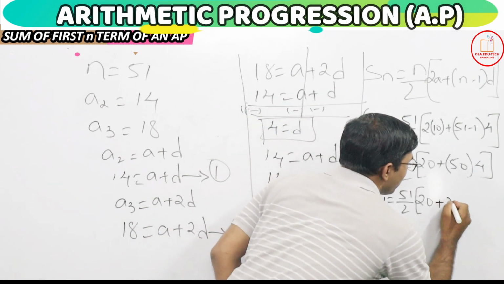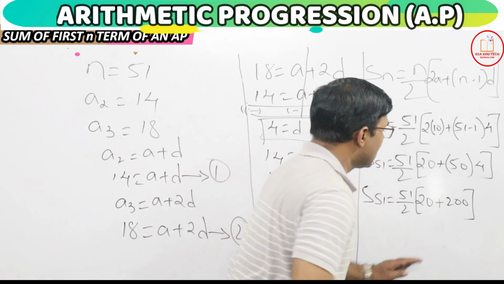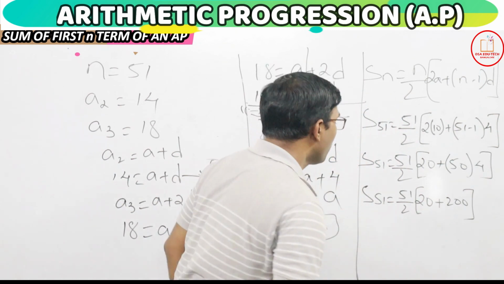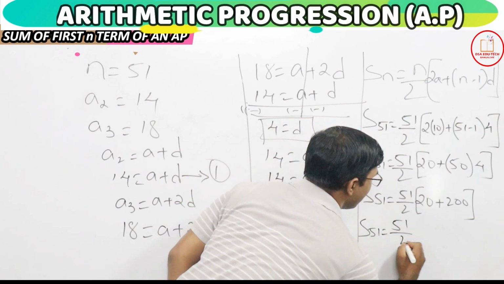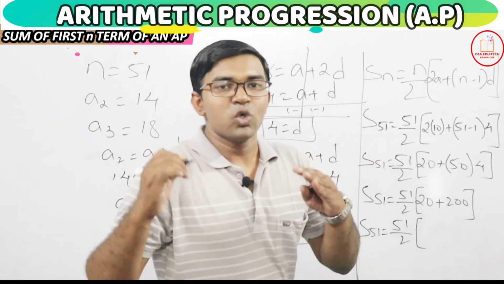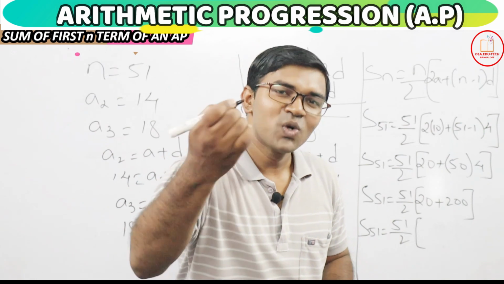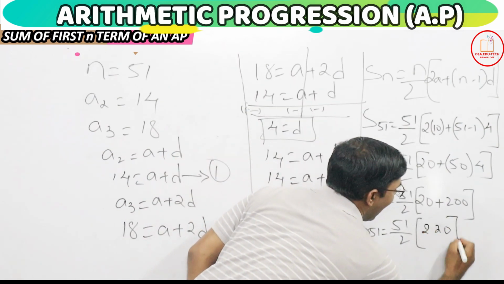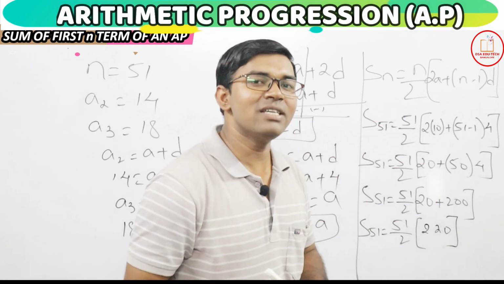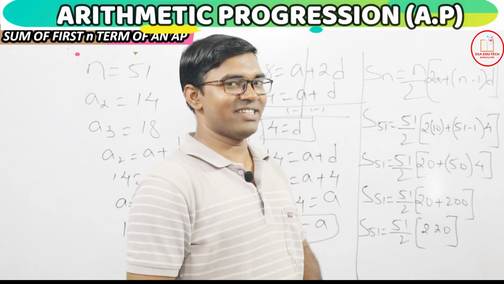Now moving to the next, S51 is equal to 51 by 2 into (200 plus 20), which is 220, right? So let me write 220, and now it is time to do the division.